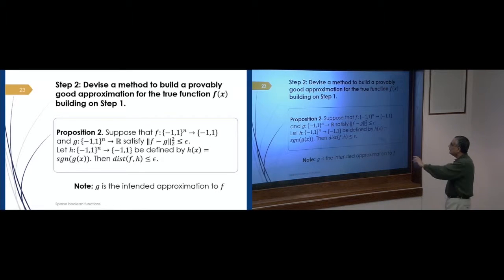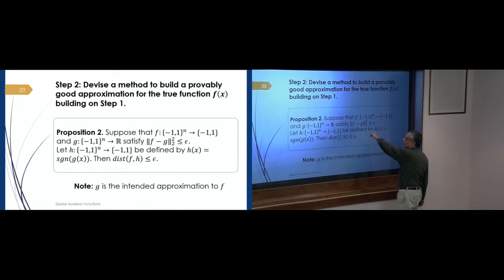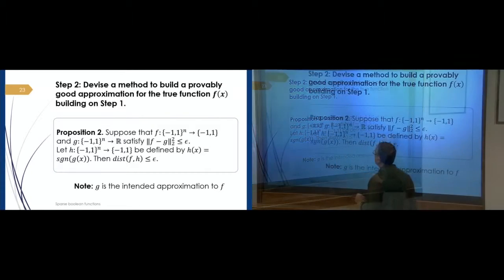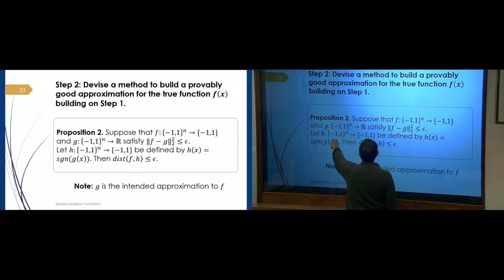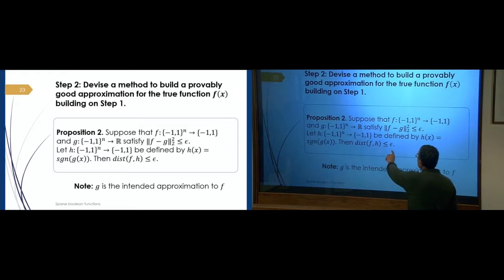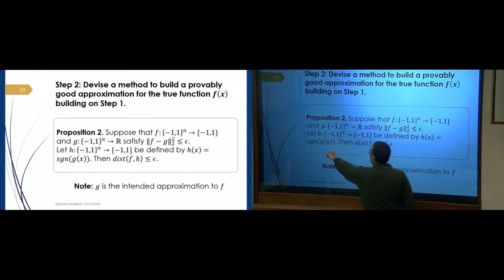But continuing with the statement, given that this bound is satisfied, and this is an elegant and simple way of sidestepping an important fact that we need to prove. Now consider our hypothesis function h, which maps these n vectors back into -1 and +1. So it's like f, but it's defined to be simply the sign of g. So g is a general function. I give you a bound between f and g, but I really want a bound between f and h.